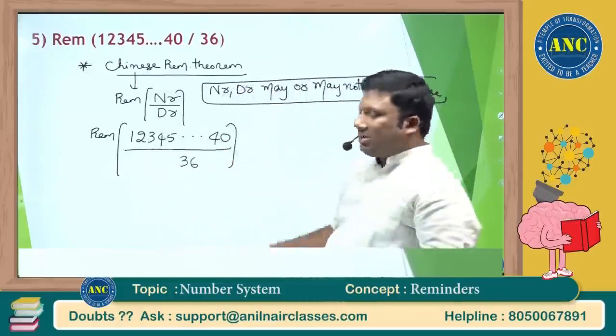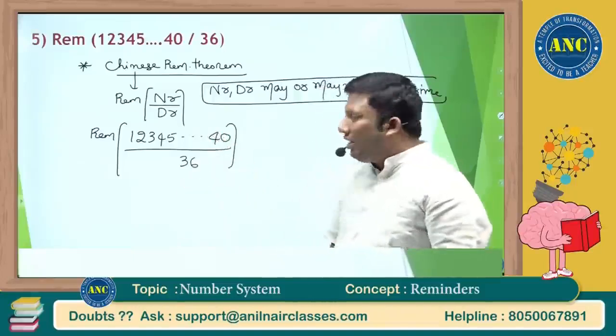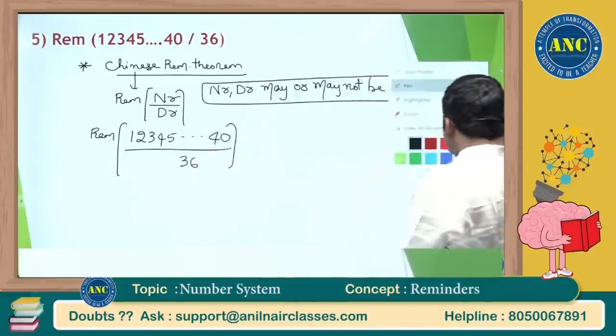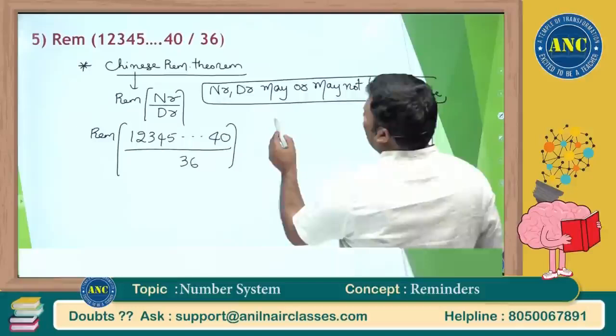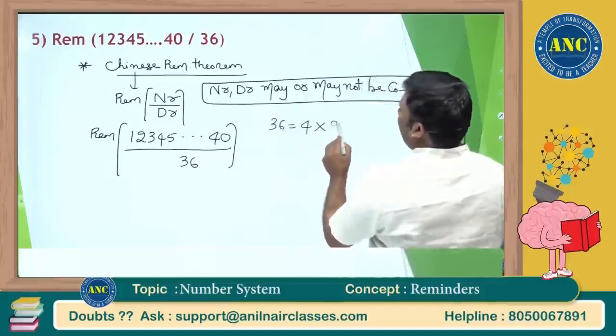This is an even number and this is an even number. The HCF of two even numbers can never be 1. But still you can use the Chinese remainder theorem. 36 is nothing but 4 into 9.